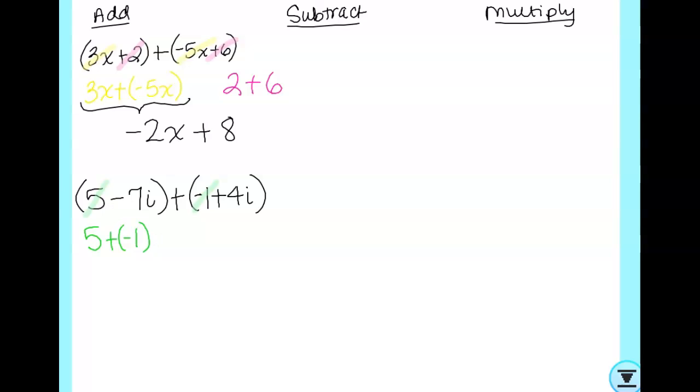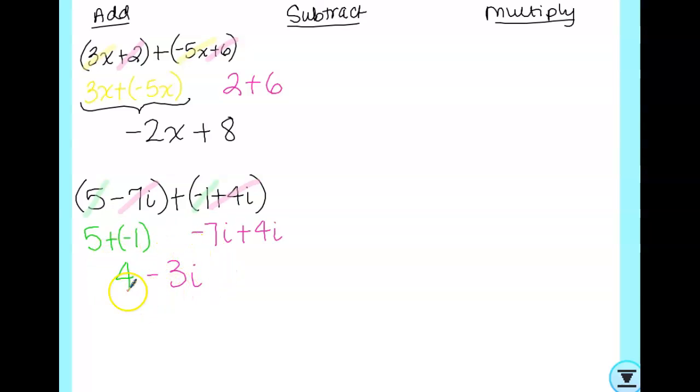And then we would do the same thing for our imaginary numbers, which would be negative 7i plus 4i. When we add these together, 5 plus negative 1 is 4, and negative 7i plus 4i is negative 3i. So we take two complex numbers, we add them together, and we get one complex number.